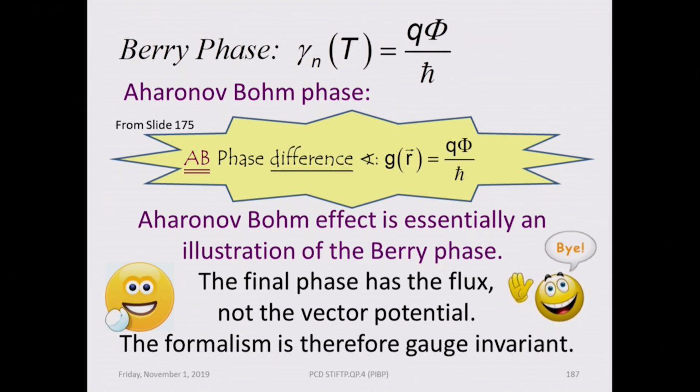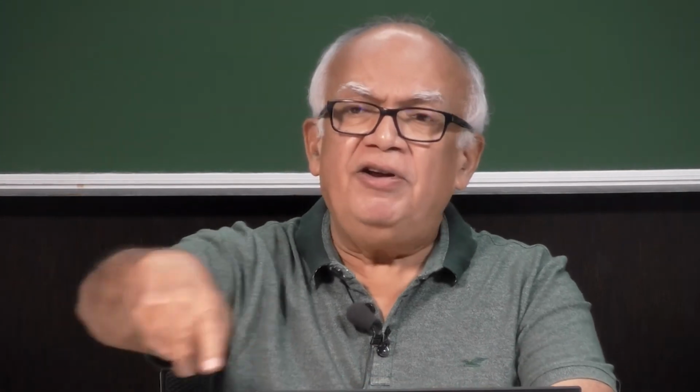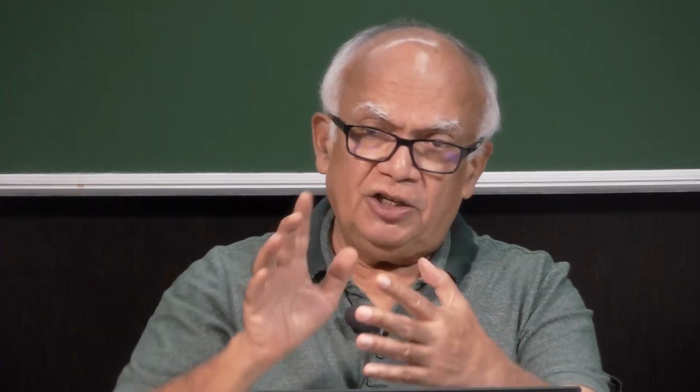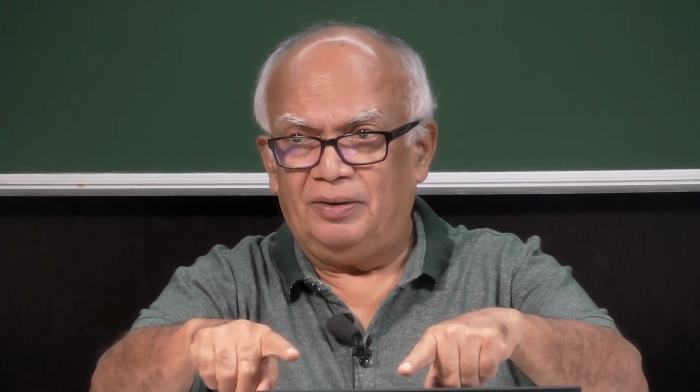and if you look at the phase angle, it has the flux. And why is there a flux? Because there is a magnetic field. B dot ds is the field, but you are integrating B dot ds over an area which is larger than the cross-sectional area of the solenoid, and it better be larger, because it is outside the solenoid that the interfering beams are going through. Okay?